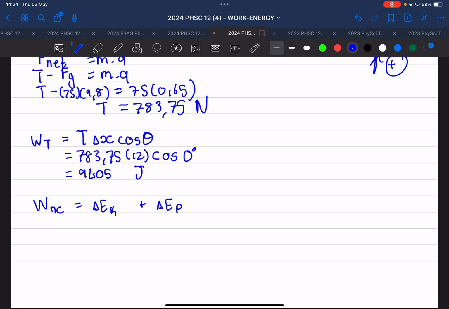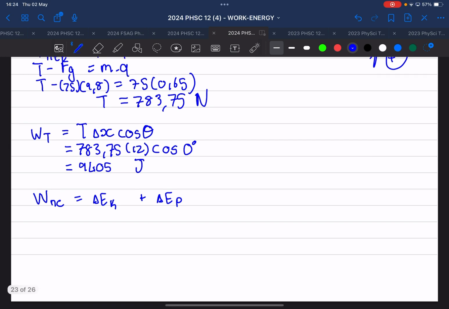I'm just showing you can do it in a different way. Yes, so our only non-conservative force here is our tension force. So the work done by our non-conservative forces is equal to the work done by our tension force, which is 9405. And then we have our change in kinetic energy, so I'm just going to fill it in. So it's a half.